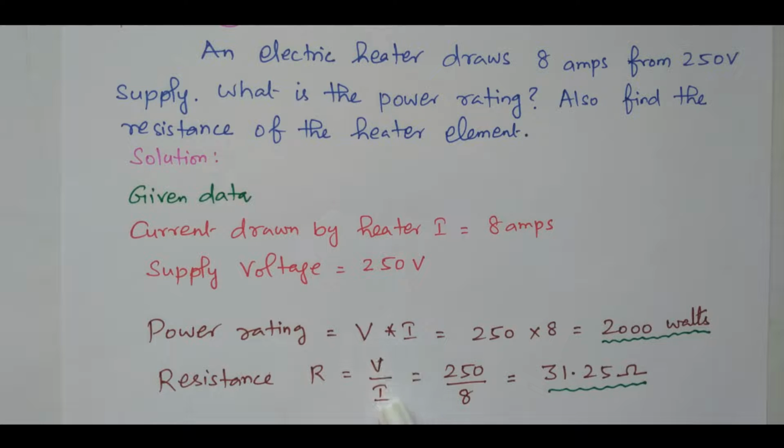Based on Ohm's law, V equal to IR, so R equal to V by I. V is 250, I is 8, so 250 by 8 is 31.25 ohm. The resistance of the heater element is 31.25 ohm. So we calculated the power rating as well as the resistance of the heater element. Now we'll go to the next problem.